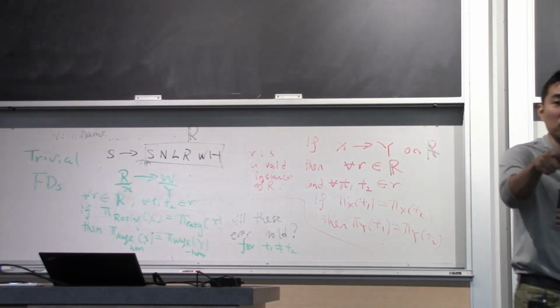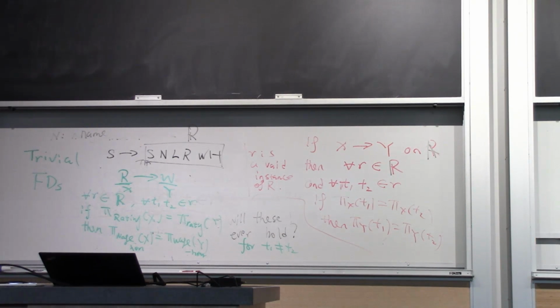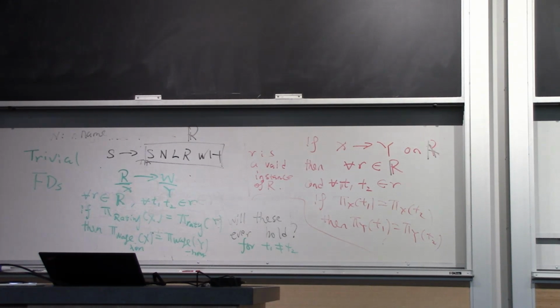Of course, I see what you're saying. This implies not a mapping, but an association of particular values. What do I mean by that? If I have X determines Y in place, like rating determines wage in place, now assuming you have a record with rating 5 and hourly wage $20, okay?